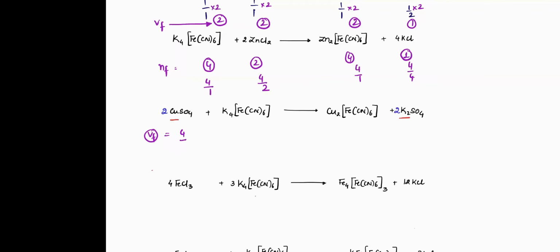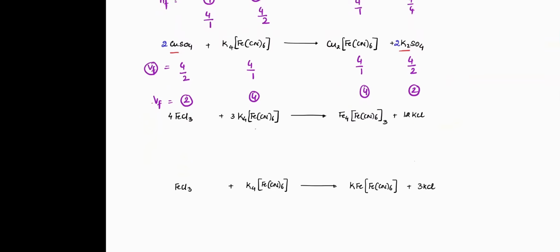And that plus 4 is divided by 2. Understood? So here again, this will be 4 divided by 1, 4 divided by 1, and 4 divided by 2. So that will be the valency factor, which is equal to 2 here, 4 here, 4 here, and 2 here. Clear, everybody?